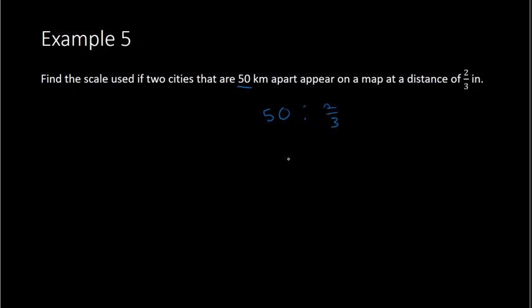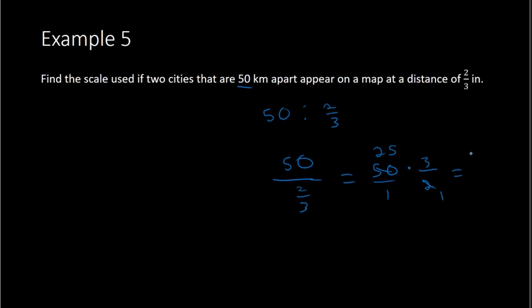So I can write this as a fraction, 50 divided by 2/3, which when I divide, that's the same thing as multiplying by the reciprocal. So 50 divided by 2/3 is the same thing as multiplying by 3/2. And when I multiply, the 50 and the 2 will divide out. That gives me 25/1.